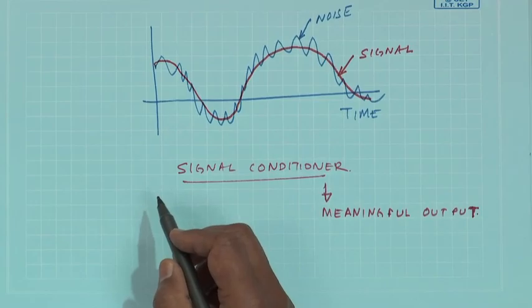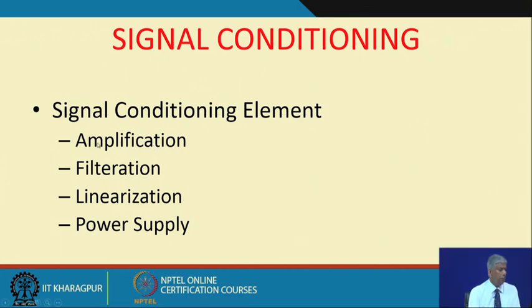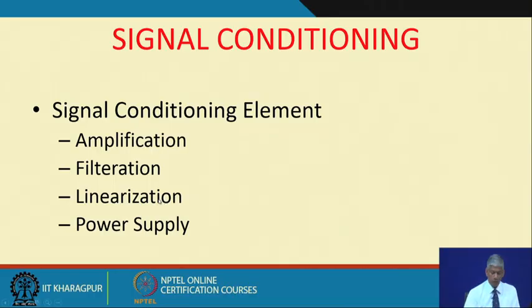So, what are the different signal conditioning elements? If you see, amplification, I will come to amplification a little bit later. Filtration, so that I can remove certain noise, or linearize it, or provide a power supply. So, a signal conditioning element can have all these functions.